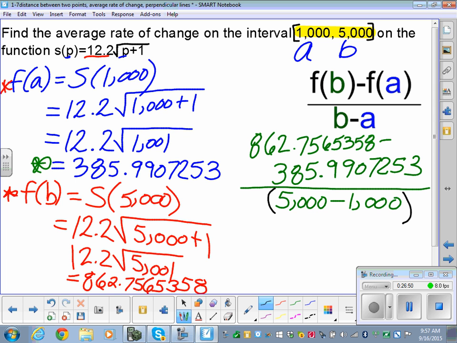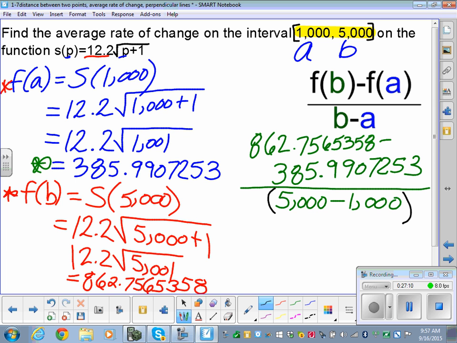Divide what? 5,000 minus 1,000 is how many thousands? I got a decimal. No, that's normal. We're now in secondary 3. We don't always have pretty answers. Is it 0.079? Nope. Did you do 6,000 on the bottom? Well, is it 6,000? 5,000 minus 1,000 is? Oh, that's where you went wrong.